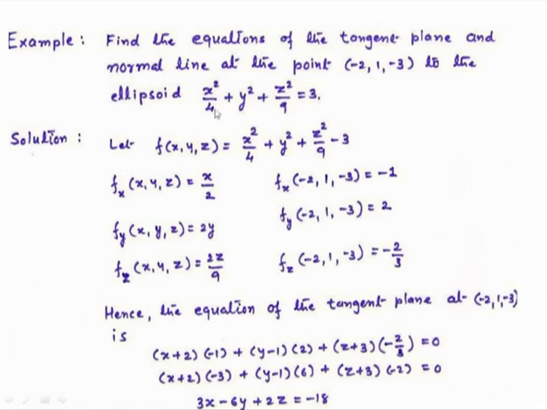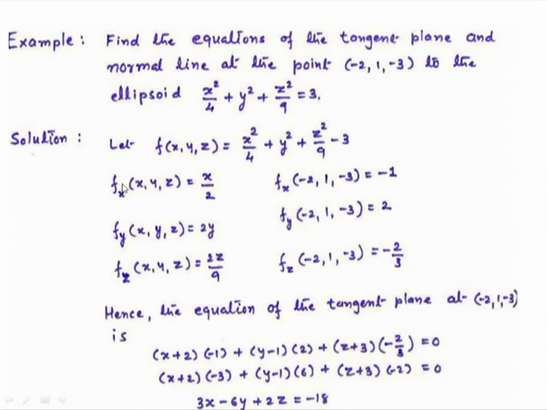So we start from this equation, and it can be written in the form f(x, y, z) is equal to 0. So our f(x, y, z) is equal to x squared by 4 plus y squared plus z squared by 9 minus 3.